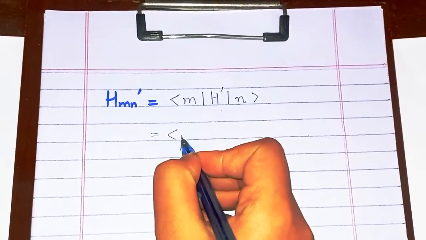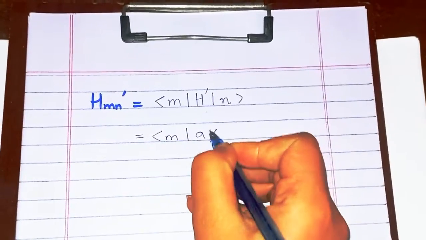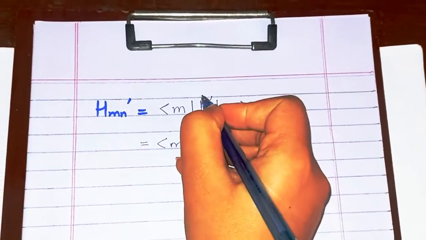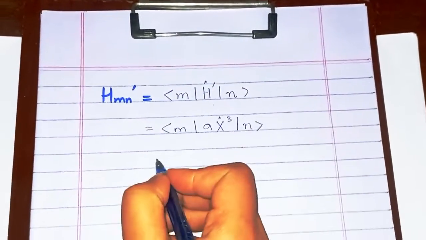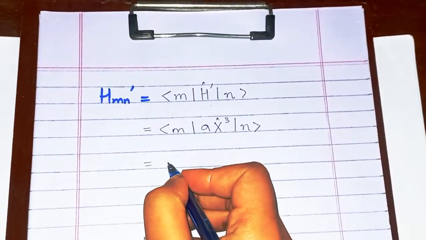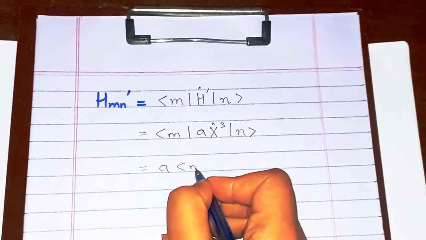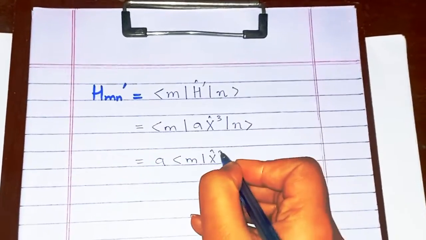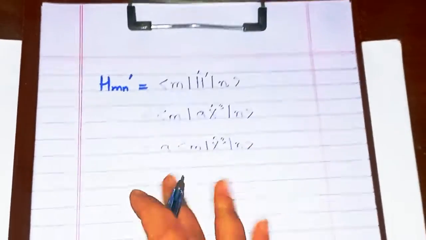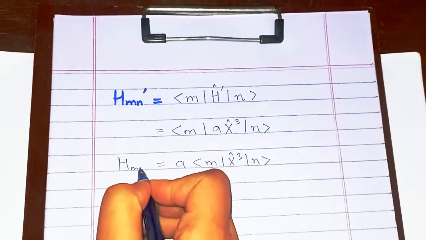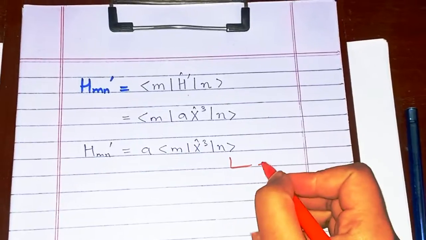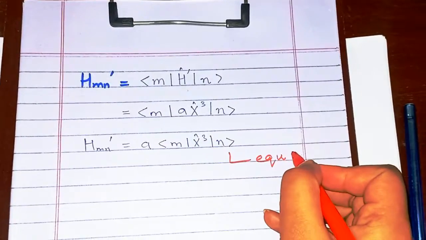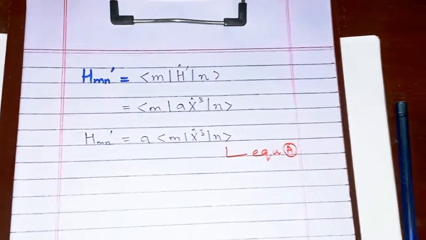So we have a x cube. You can put hat over them to show that they are operators, and since a is a constant, we can take it outside and it's simply this. Alright, and this is something that we need to calculate. Let me call it equation number, let's say it's a.